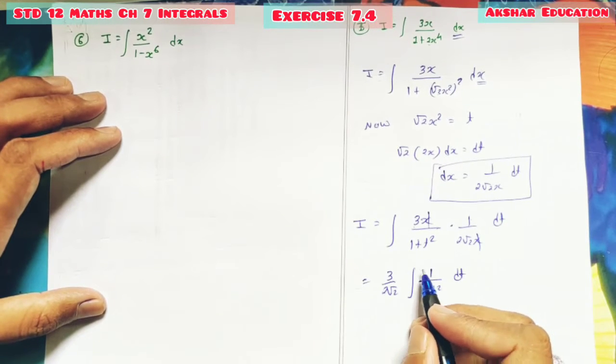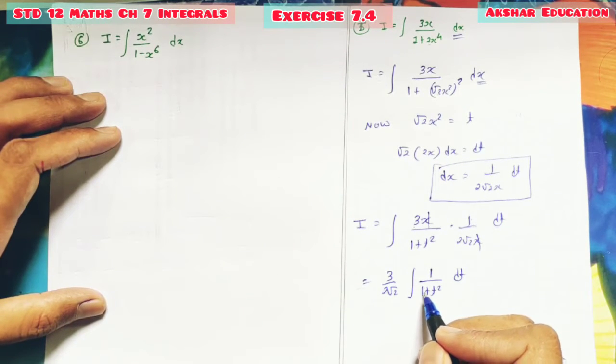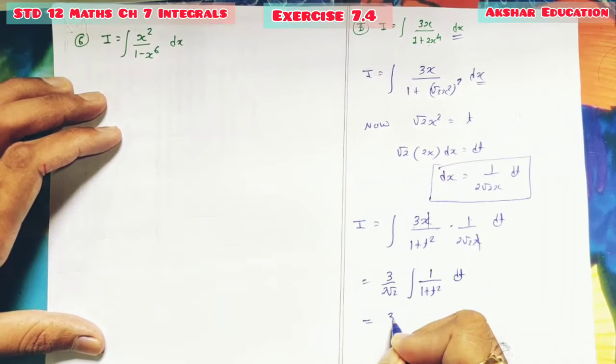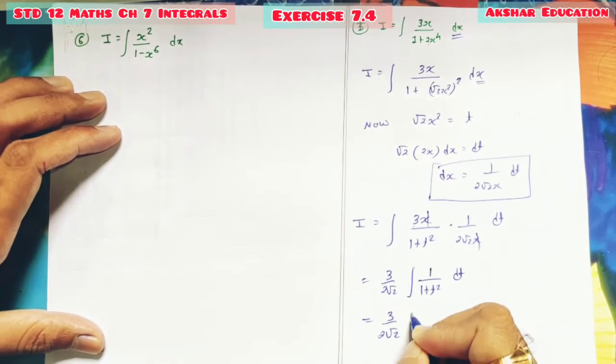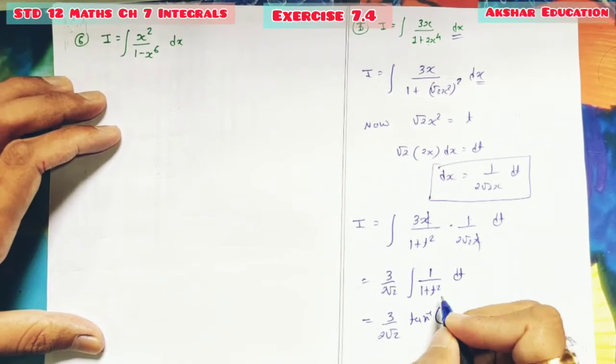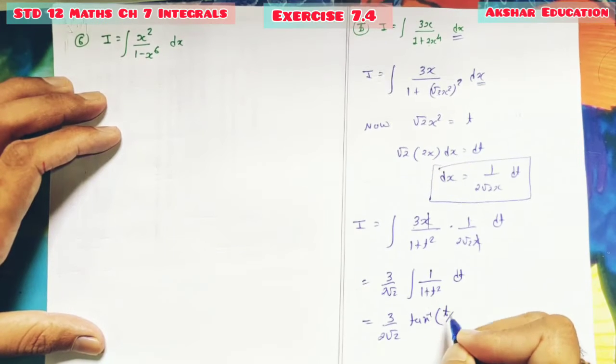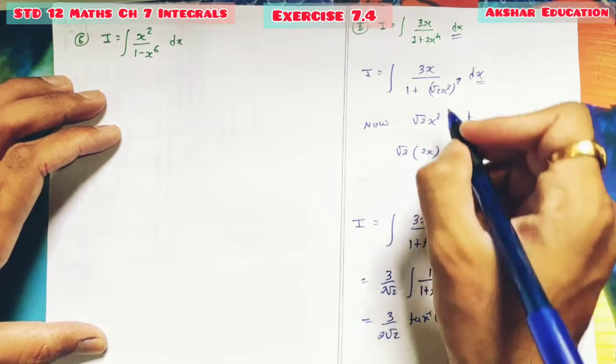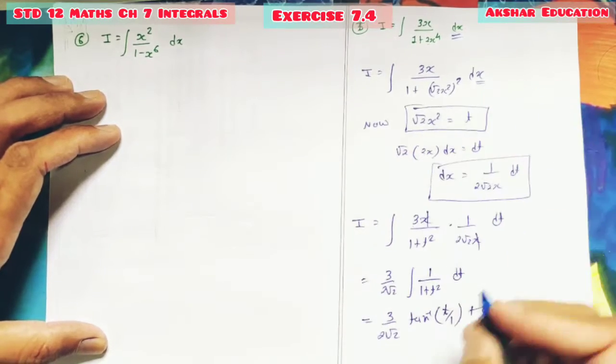So this is basically integration of 1 upon x square plus a square. Tan inverse formula is there. So integration is 3 upon 2 root 2 constant tan inverse x by a, t upon 1 plus c. Replace the value of t. T is root 2 x square.